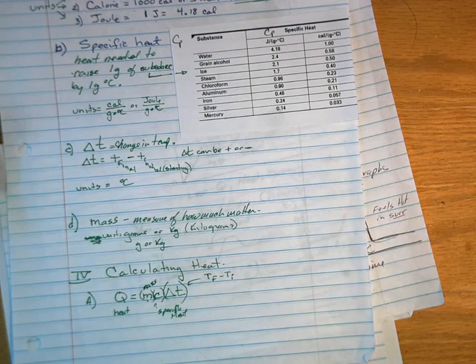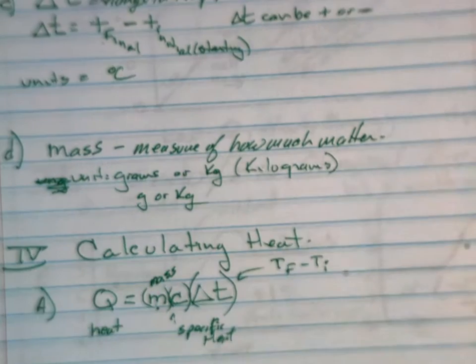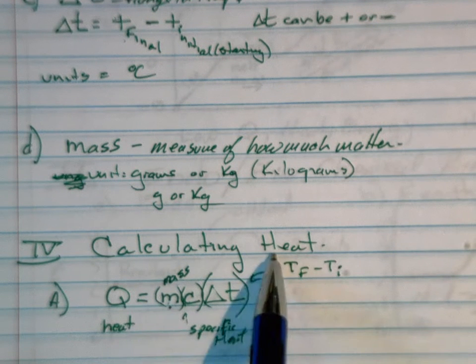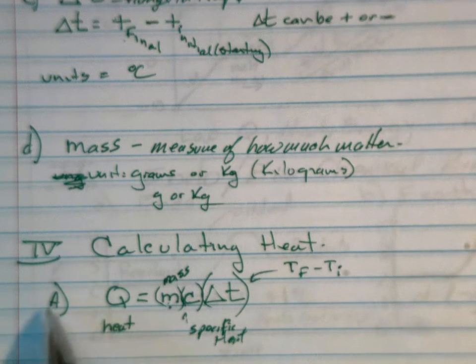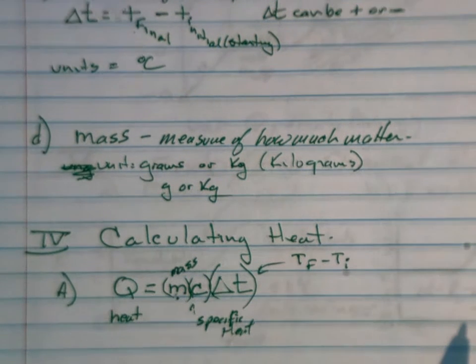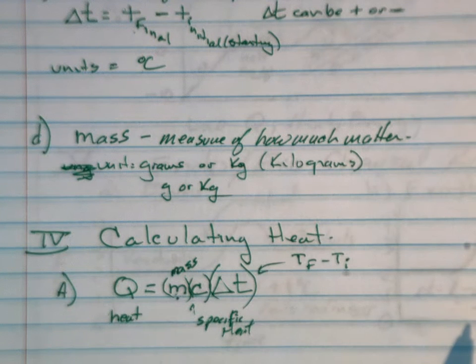Then we came to Roman numeral 4. If we didn't get to Roman numeral 4, take a look. Roman numeral 4, calculating heat. We're going to write A, and this is Q equals MC delta T. Now for my substitute, if the class didn't get this one, pause the video a moment.